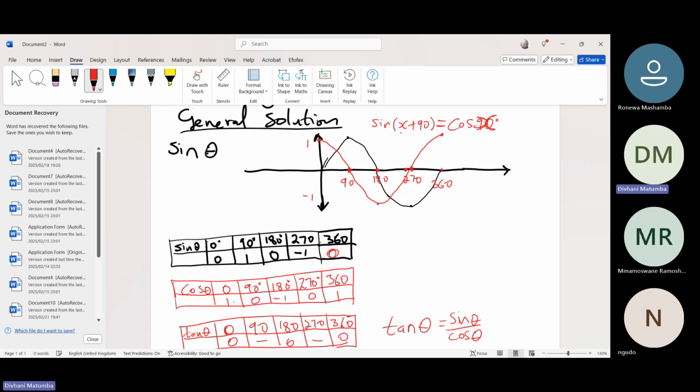Because if you add 90, it means you are shifting your sine graph 90 degrees backwards. So this is where the relationship comes from. You can see it graphically.